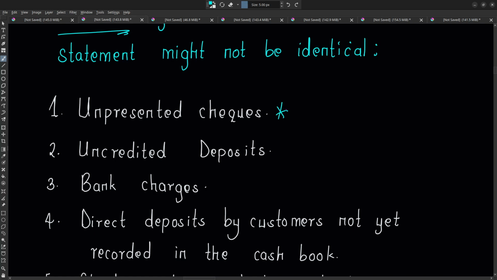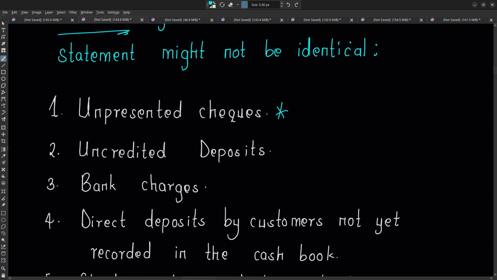Once you do that, you need to record the transaction of paying this supplier. So in your cash book, you're going to have a credit item showing that you have paid this supplier, but this supplier is yet to present this check to the bank.